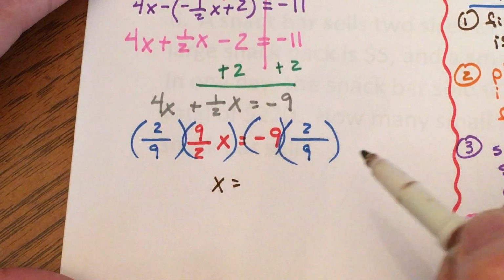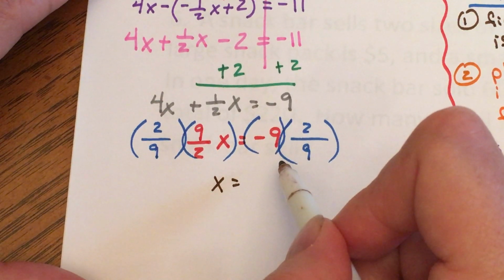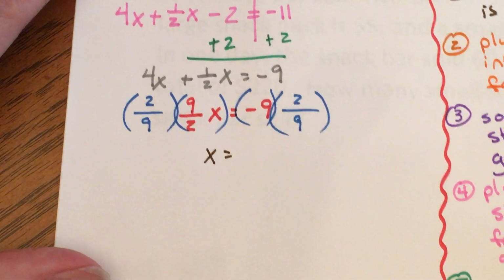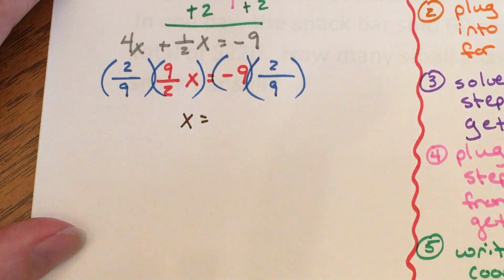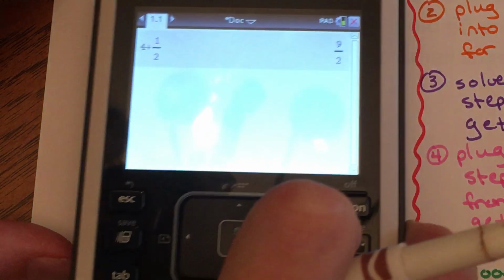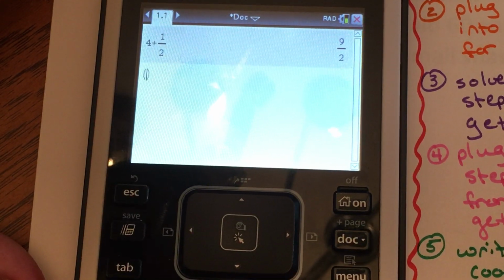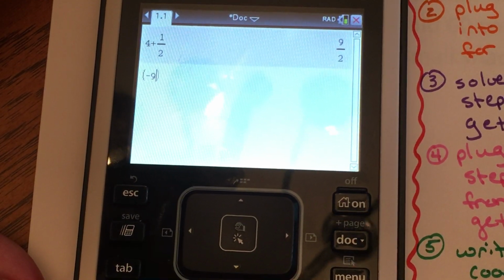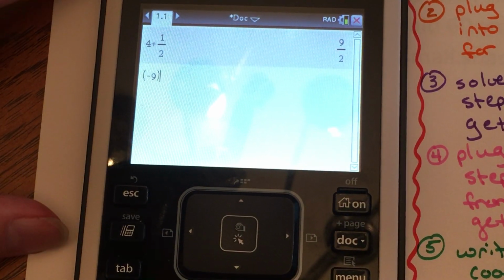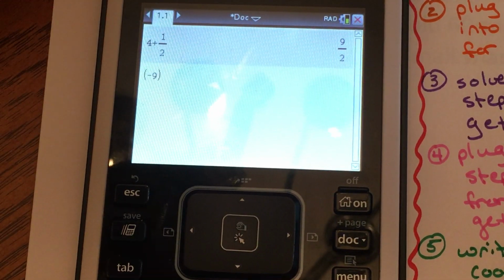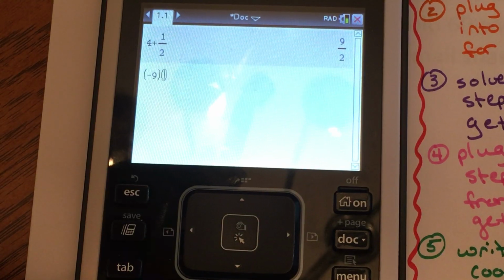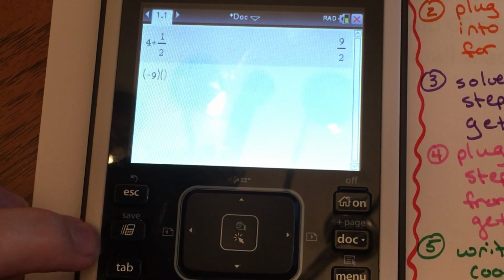So here again, if you're like, I'm not feeling this, multiplying fractions, anything with a fraction, I'm just not feeling it, that's fine. Let's get out your calculator again, and let's help you. So parentheses, -9. Another set of parentheses, because I've closed that out. Remember how we got that fraction?